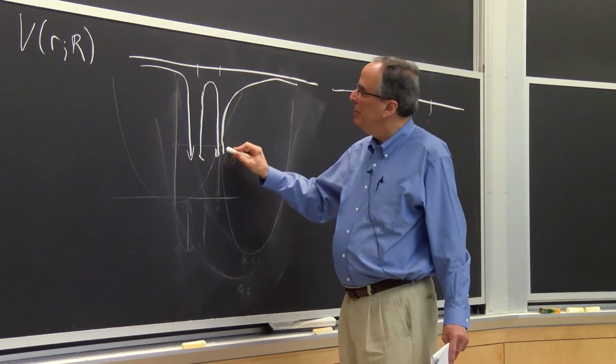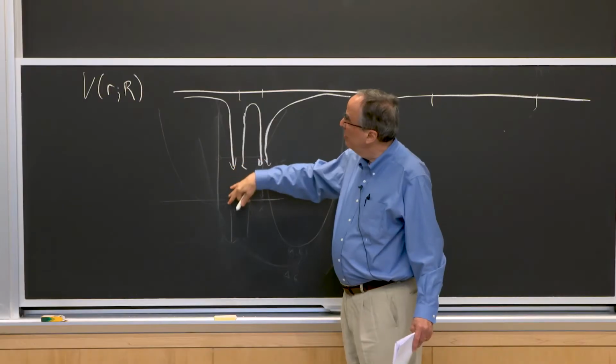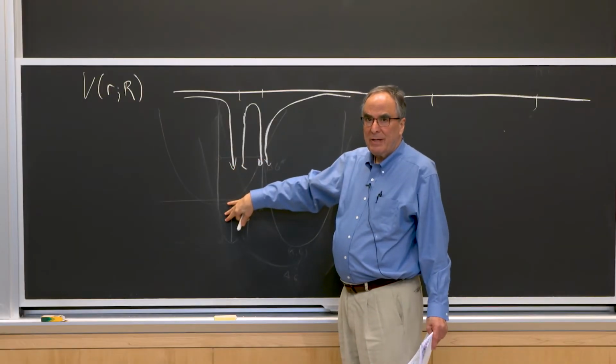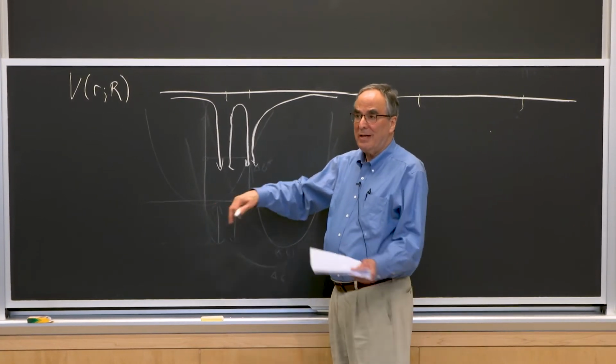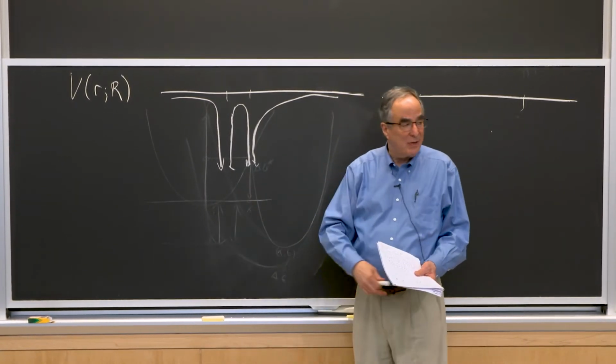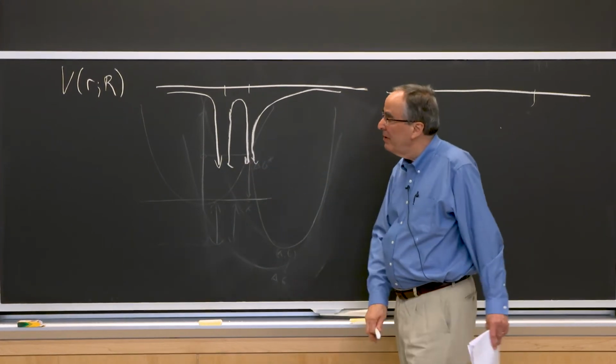So the potential goes to minus infinity at the position of the nucleus because the electron is attracted to the nucleus, and when the distance is 0, we have an infinity.